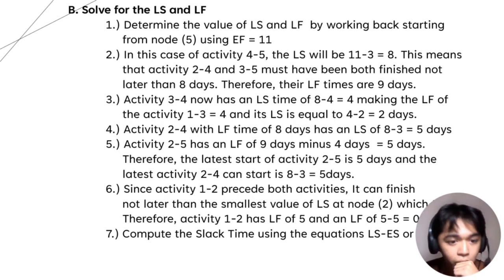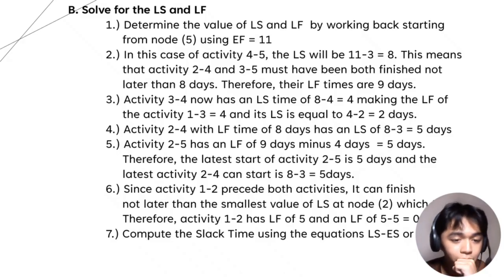Number 3, activity 3 to 4 has an LF time of 8 and an LS of 8 minus 4 equals 4. Number 4, activity 2 to 4 with LF time of 8 days has an LS of 8 minus 3 equals 5 days.